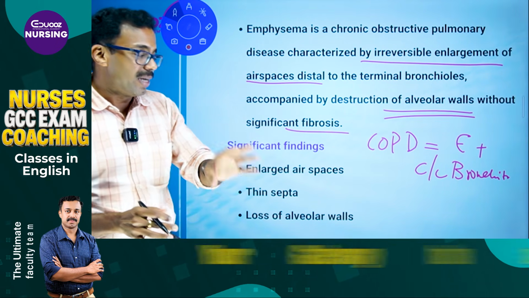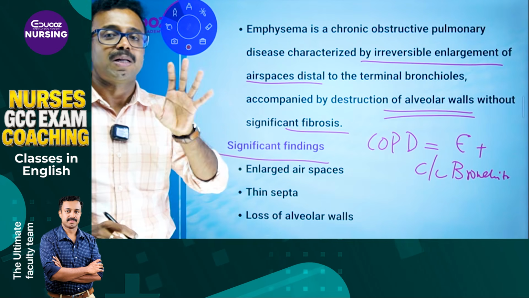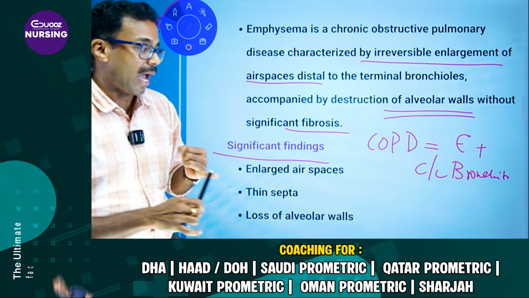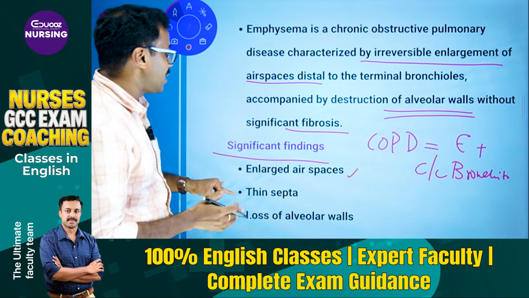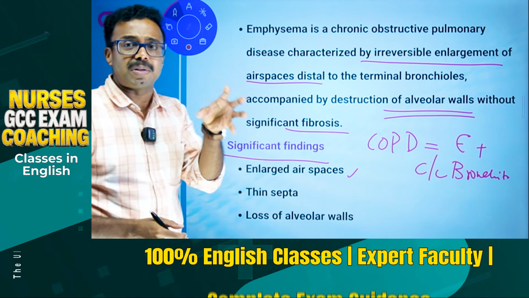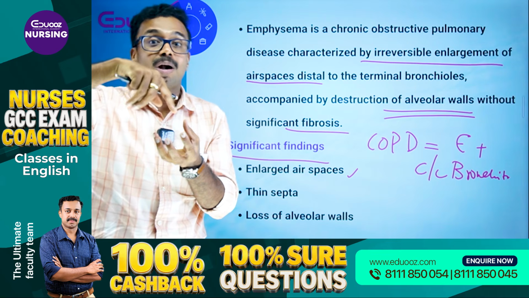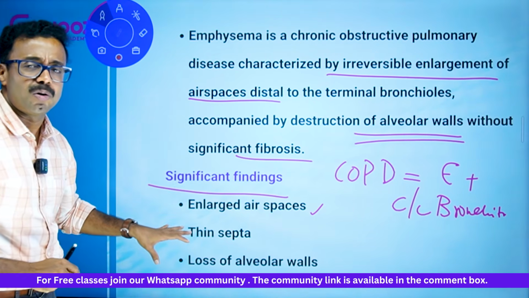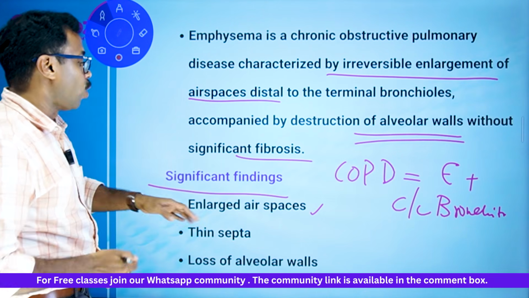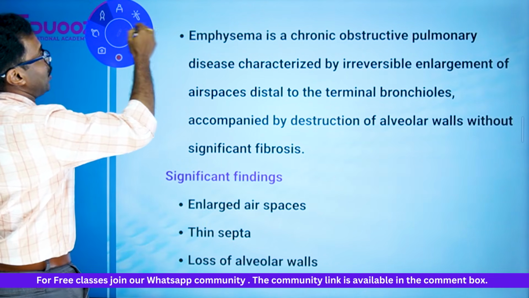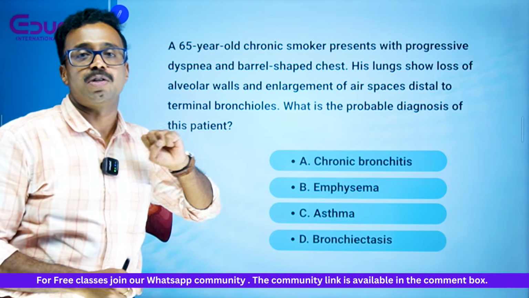The significant findings of emphysema are, first, enlarged air spaces. Second, the septa, the wall-like structures surrounding the alveoli, will be very thin or sometimes lost. Then there is loss of alveolar walls. These are the significant findings in a patient with emphysema.